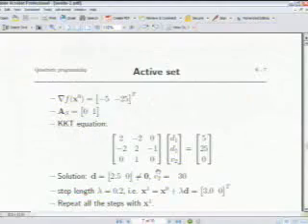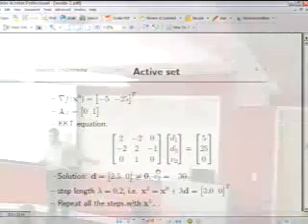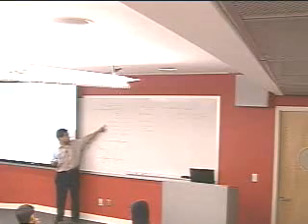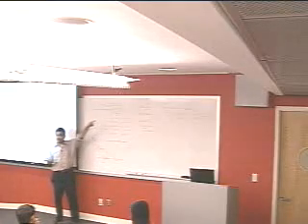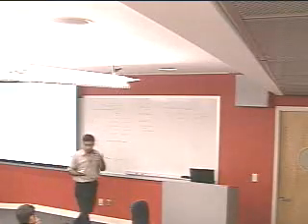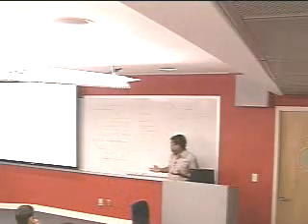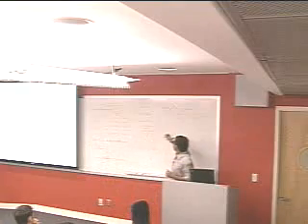And this is why I was saying that if I started with the point 0, 0, I could not move. Because at the point 0, 0, there are two constraints that are tight. X2 must be greater than or equal to 0; this is tight and that is tight. And if I want to solve a QP with two tight constraints in two variables, it will tell me don't move.